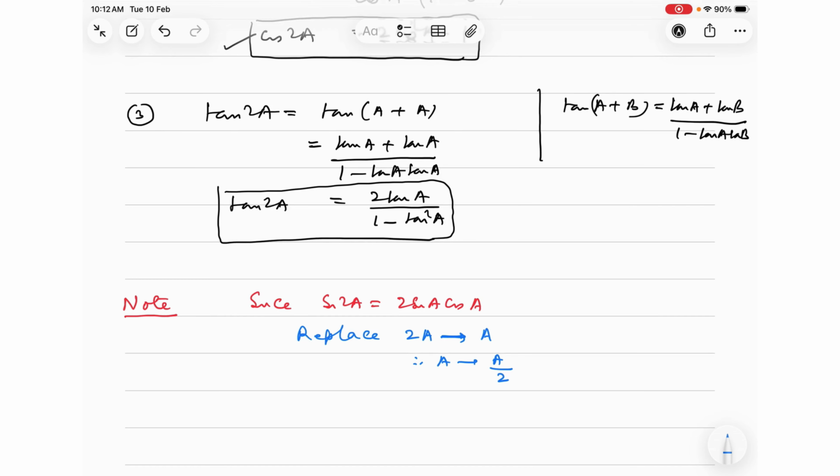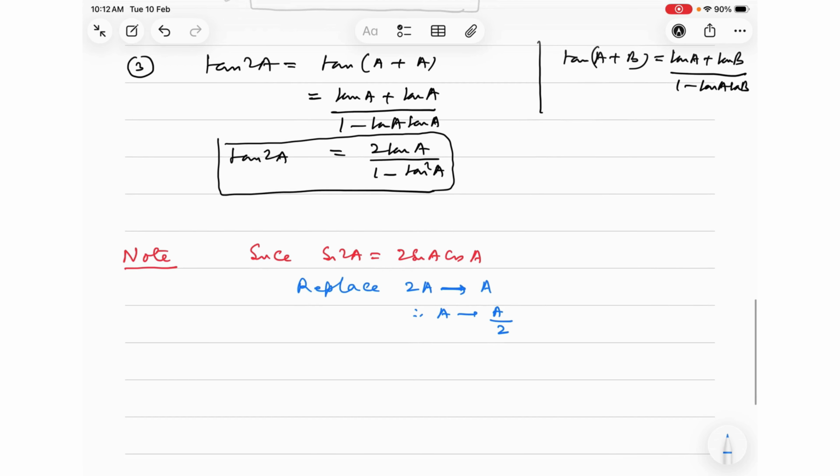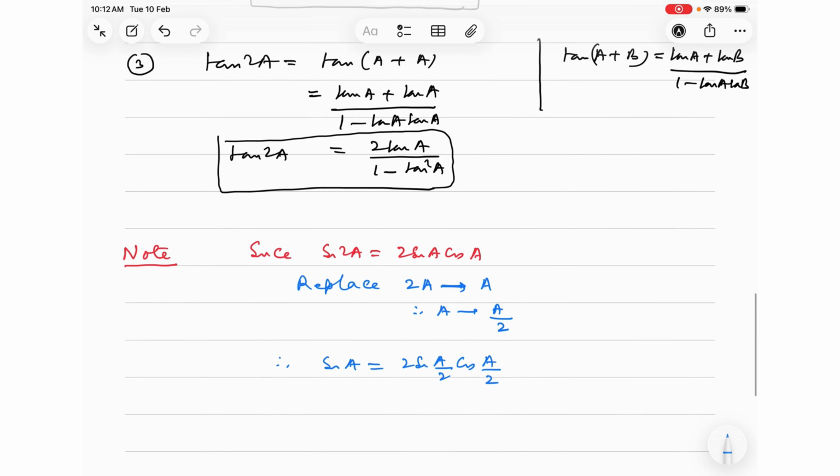Replace 2A with A and A with A by 2, we get sin A is equal to 2 sin A by 2 cos A by 2.